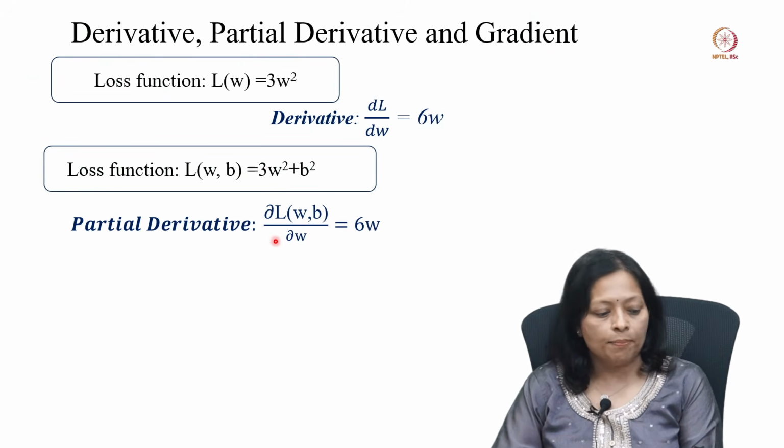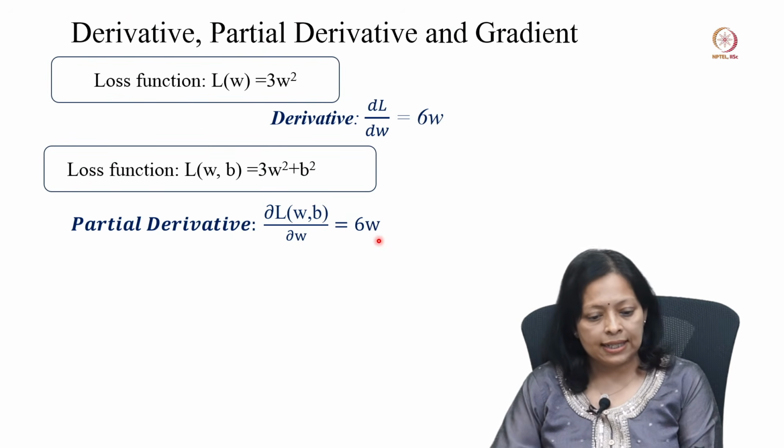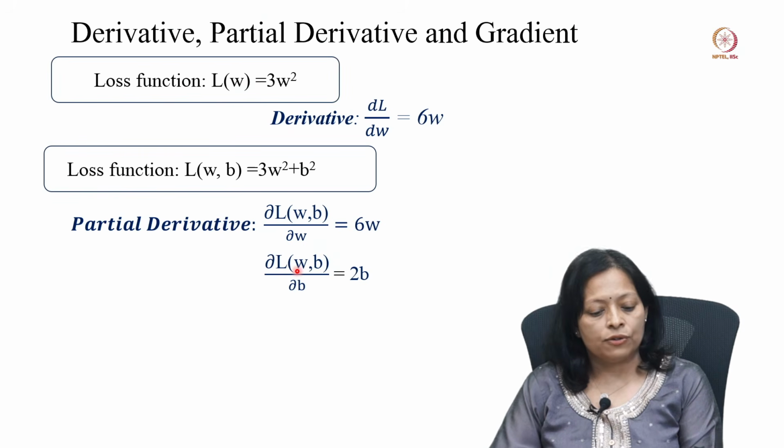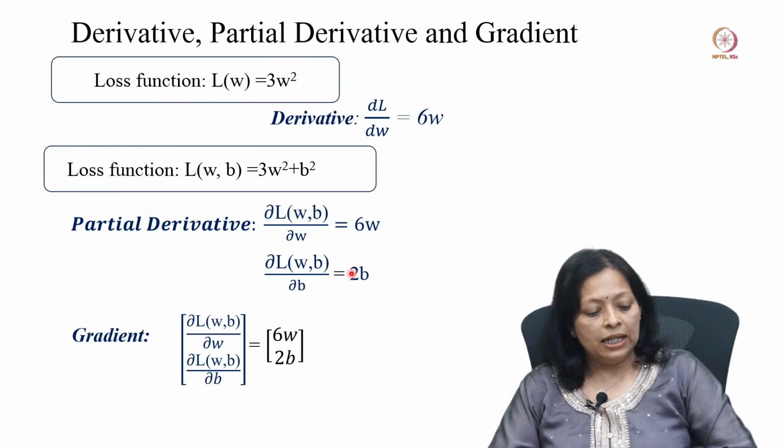That we call as partial derivative. Okay. So, if we take the partial derivative of L with respect to w, then we get 6w. Similarly, if we take the partial derivative of L with respect to b, keeping w constant, then we get 2b.